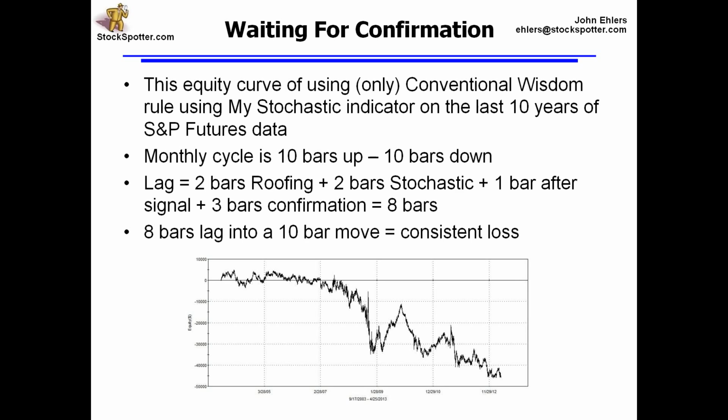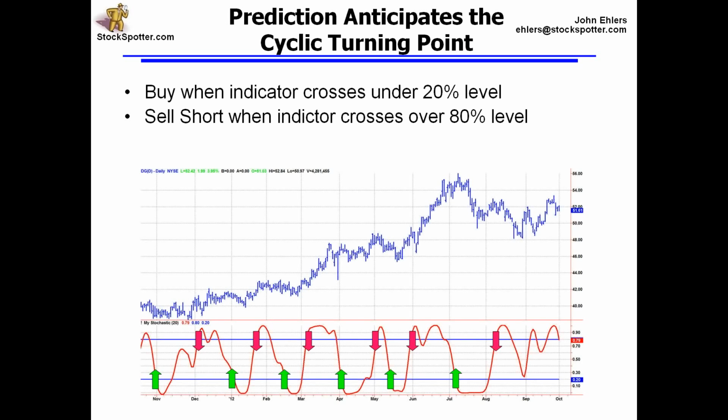So if we look at it from a slightly different point of view, and I've written other papers on this, if you think of a stochastic as a predictor of an oversold condition with reversion to the mean, then what you want to do is anticipate that turning point.